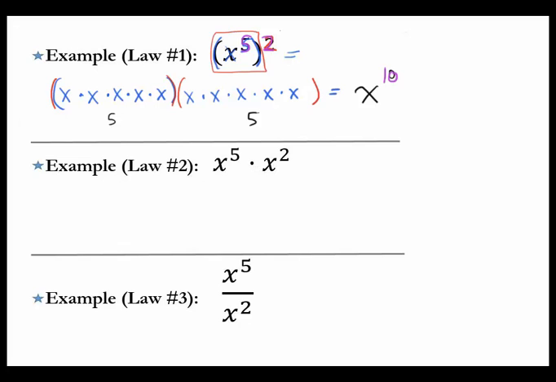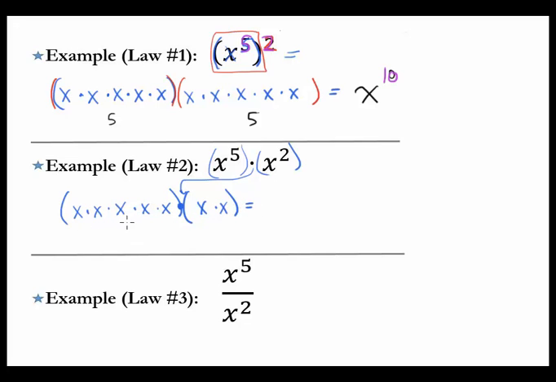Again, let's write it all out. X to the fifth is x times x times x times x times x. X squared is x times x. And we're multiplying; I put these parentheses just to show that each is its own separate thing, but clearly there's a multiplication sign between these two expressions.